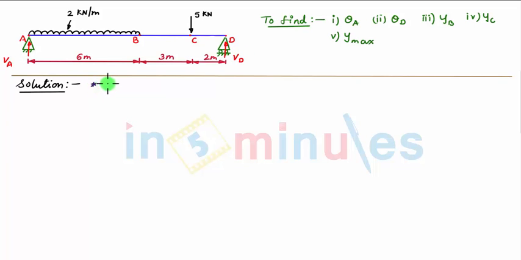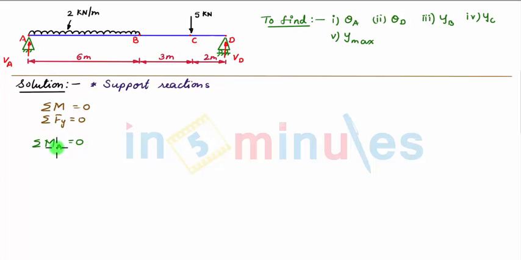Our first step is to determine the support reactions, that is VA and VD, and this we determine by using the static equilibrium equations, which are summation of M equal to 0 and summation of Fy equal to 0. Now applying the first equation at point A, we have summation of MA equal to 0.